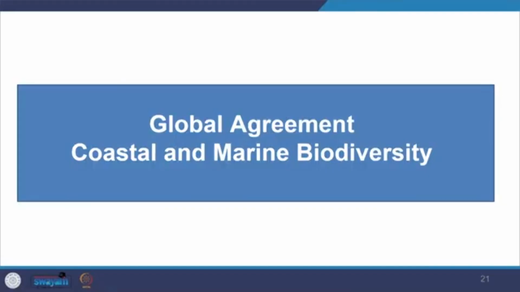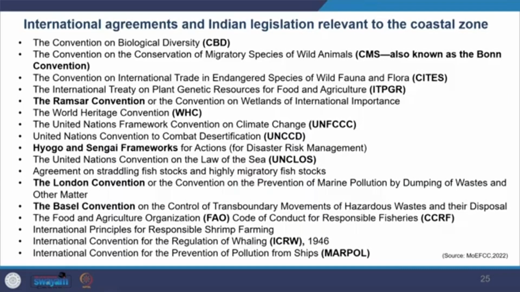So, looking at the global agreements related with coastal and marine biodiversity. You see the Convention on Biological Diversity, which we have seen in another topic as well, and there are a lot of things which align with that. Then we have the Convention on Conservation of Migratory Species of Wild Animals, since marine and coastal areas would be dealing with that.